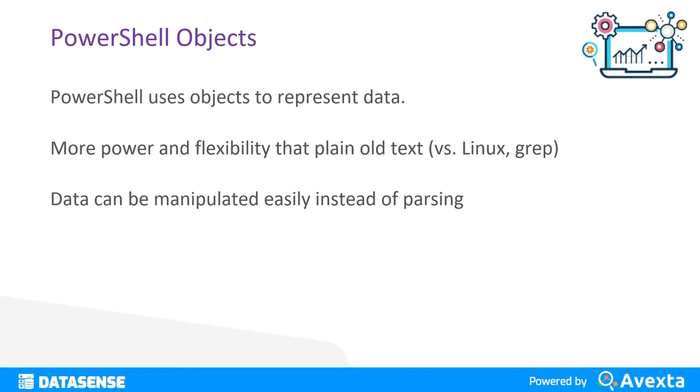It means that there are blueprints of certain things in the Windows environment that are already pre-built for you, meaning that you don't have to parse any data. You can utilize the methods and functions and properties of an object that already exists in PowerShell.